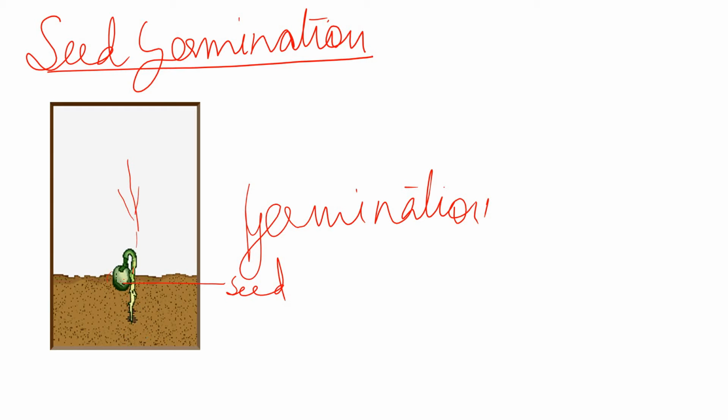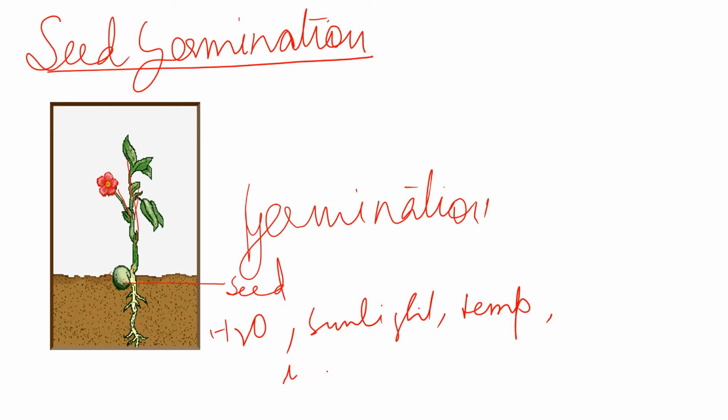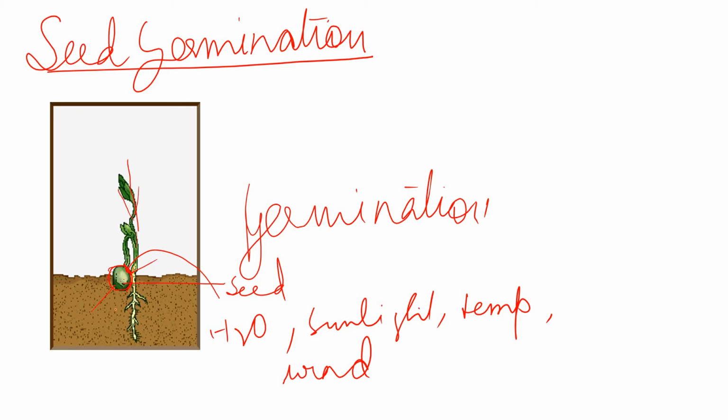Now, during germination, the seeds absorb water and swell up, and the seed coat becomes soft and bursts open. During germination, water will be required, sunlight will be required, and a sufficient amount of temperature and air will be required. When all this falls into place, the seed swells up by taking in water, and the seed coat, the outer covering of the seed, becomes soft and falls off.